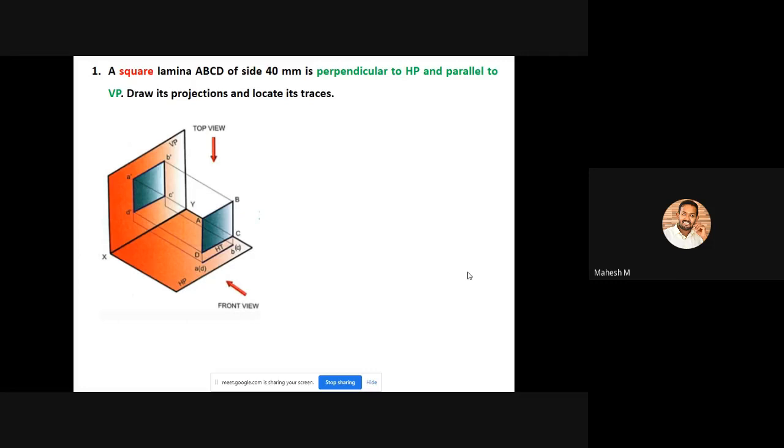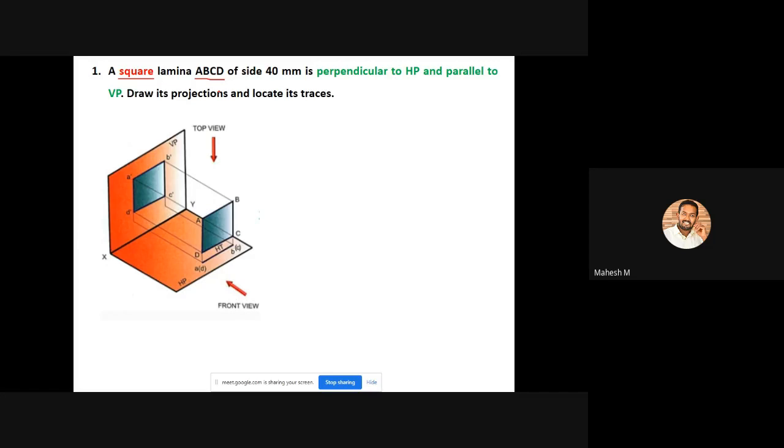The problem is a square lamina ABCD of side 40 mm. Here it is mentioned as a square lamina, so a square is our plane, and we are going to discuss a square plane. Also, the name of the square plane is clearly mentioned: it is ABCD. In some problems they will not give the name, so you can choose your own.